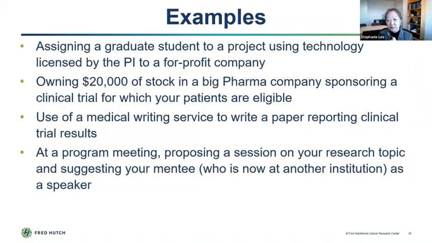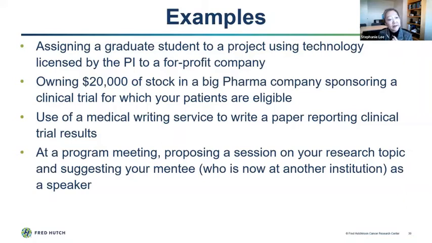You also have to be careful because, in terms of managing the patient, in terms of figuring out whether they're having a response on study, that can also get a little bit complicated. So $20,000 is, of course, not that much, but sometimes people have a lot more stock in things, and it can raise more alarm bells. So again, beware of ownership and human subjects research.